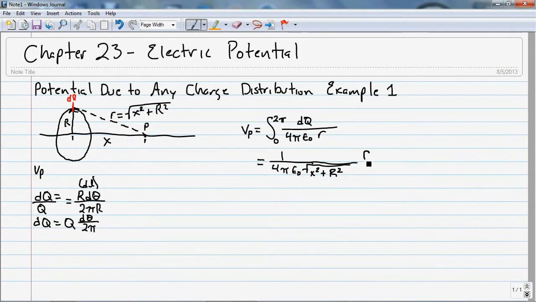the integral from 0 to 2 pi of Q d theta over 2 pi.